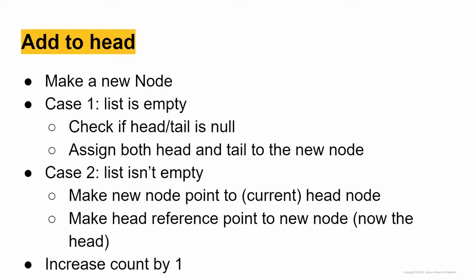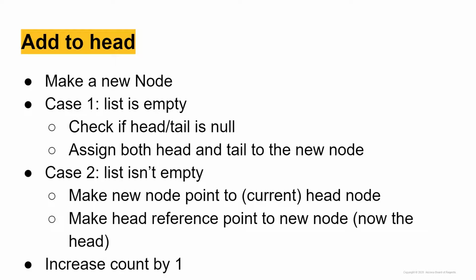All right, so case two is if the list is not empty. We're going to take our new node and make the new node point to the current head node. But if the current head node has another node pointing to it, it's no longer the head, is it?